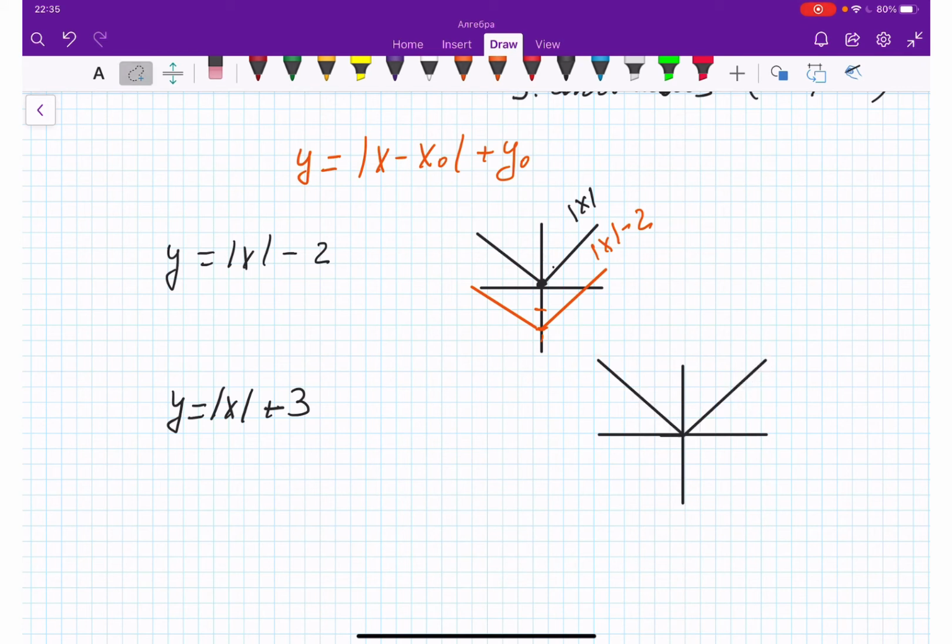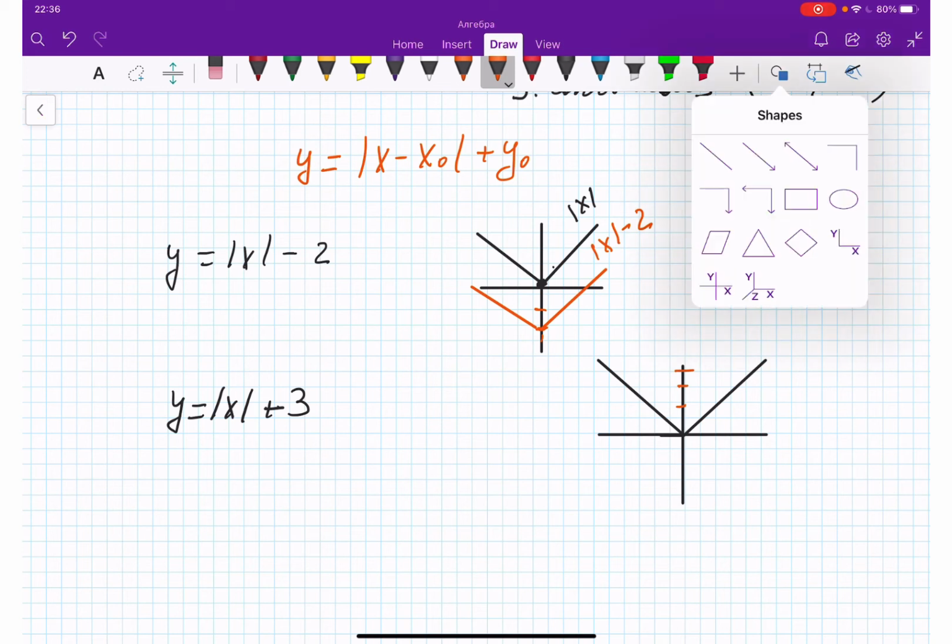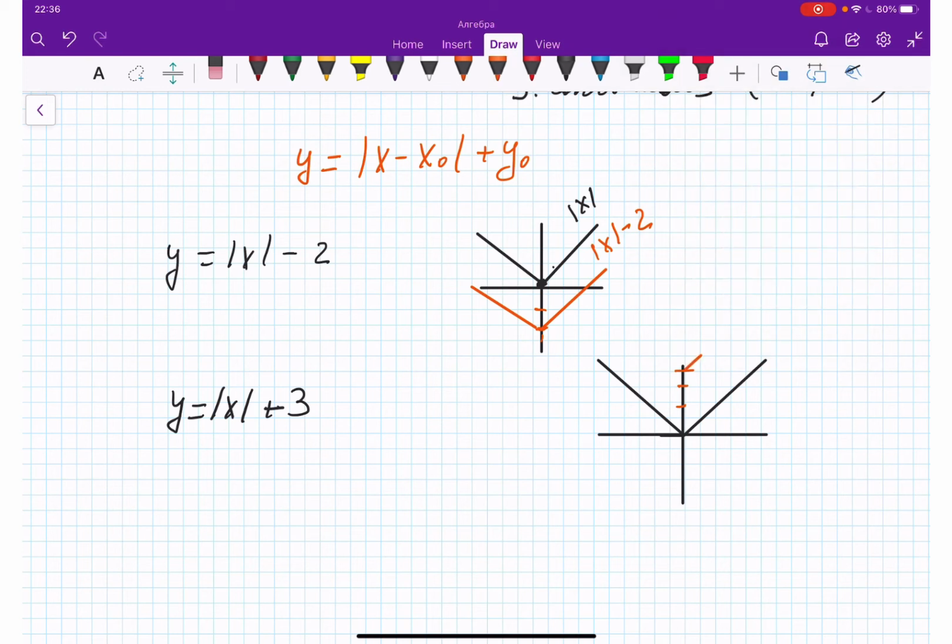And then I'm moving up by 3: 1, 2, 3 on the y-axis. So this is going to be absolute value of x plus 3, and this is absolute value of x.